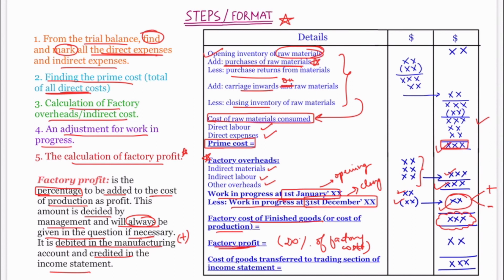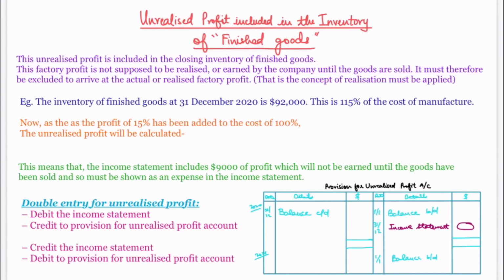This will be the profit figure. And then the last step is just to add these two, and you get the cost of goods transferred to the trading account of the income statement. And you're done with your manufacturing account.